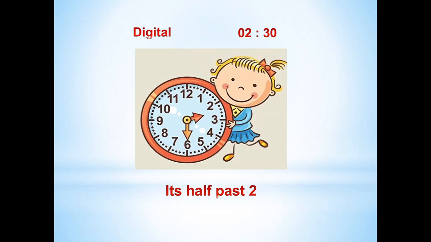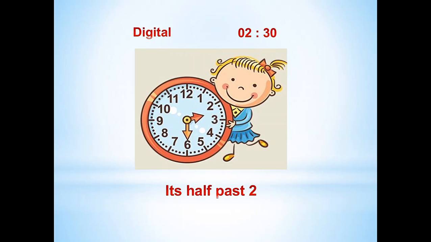What is the time? The first step, you will look at the short hand for hours. The short hand is between 2 and 3 in this picture. So is it 2 or 3? Excellent, it's 2 because it's not at 3 but it's closer to 2.